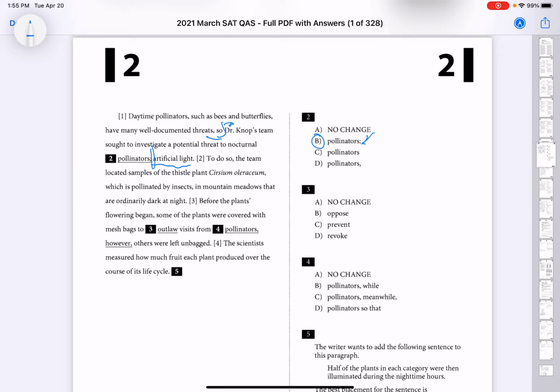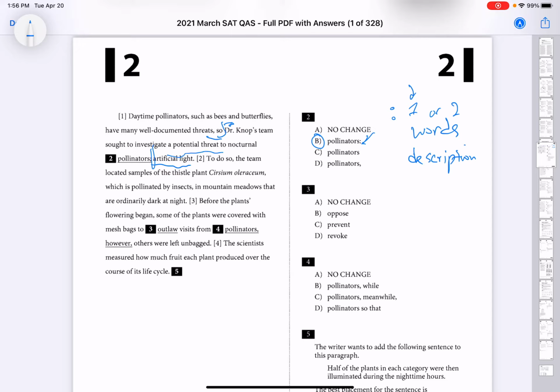The answer choice for 2 should be B. So you use a colon whenever you're trying to use either one word or two words, or just a description, or some type of description that tries to describe the previous sentence in some way. So in this case, number 2, the answer should be B, because artificial light is a description of what is a potential threat to nocturnal pollinators.